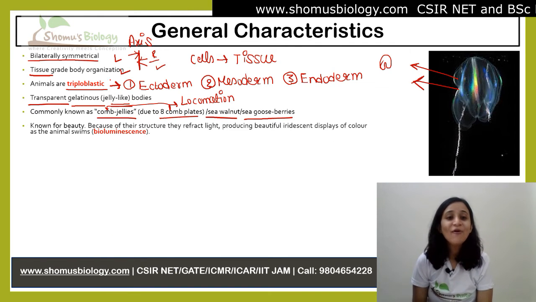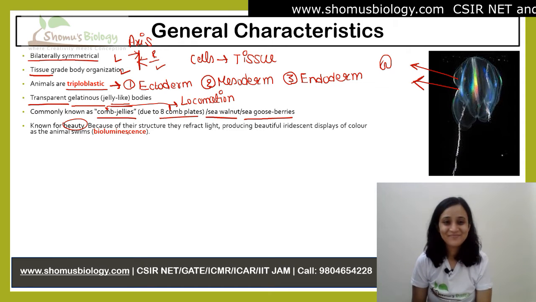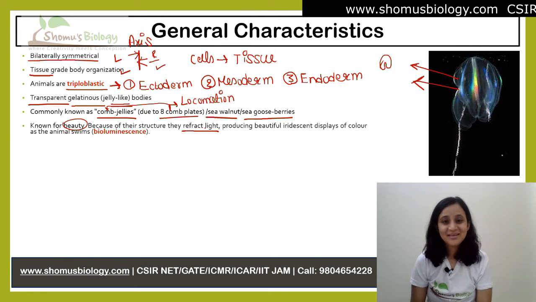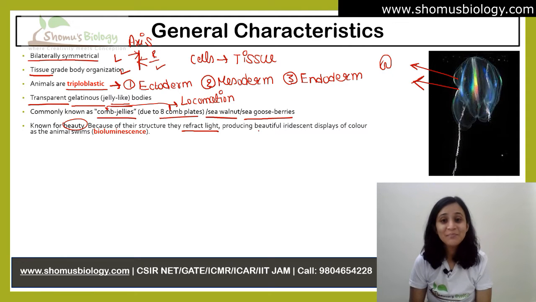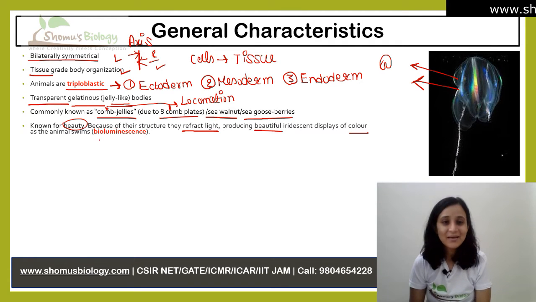They are known for beauty because they are beautiful organisms. Because of their structure, they refract light, producing beautiful iridescent displays of color as the animal swims, and this is known as bioluminescence.